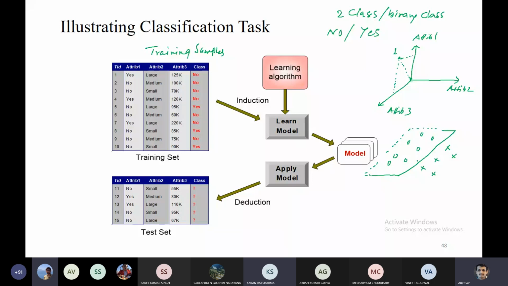Okay, so this is the idea. This plane is basically differentiating these two. And the parameters of this plane equation are something like theta 1 x1 plus theta 2 x2 plus theta 3.